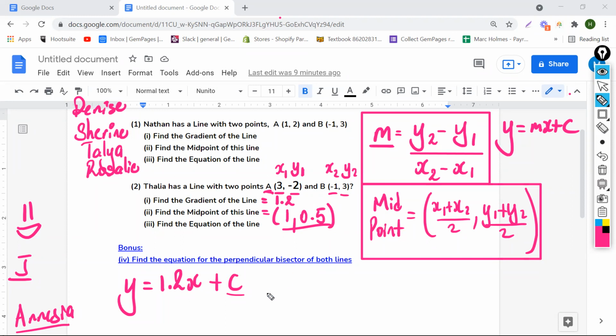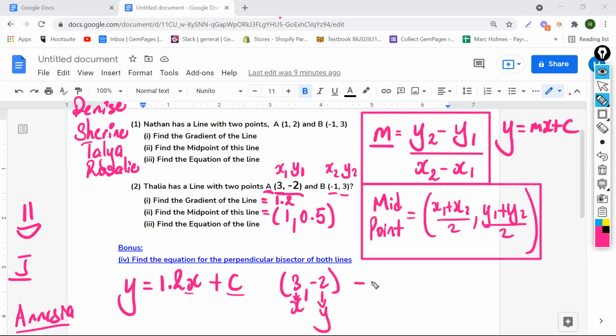I can still use the midpoint, but I can also use the 3 and the -2. Let's use the first point, the 3 and the -2, because one thing's for sure, this point is always going to be right. Where I see x, I'm going to put 3, and where I see y, I'm going to put -2.